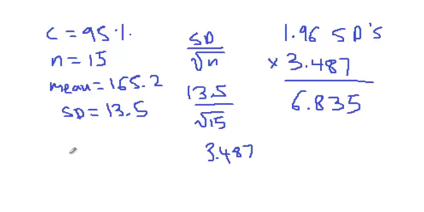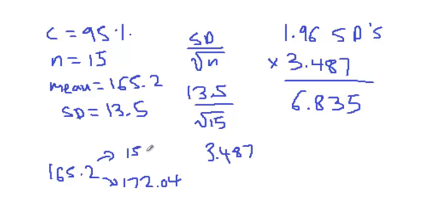So the 95% confidence interval, assuming the mean was 165.2, we'll add 6.83, 6.84, excuse me, and you get 172.04, and then you subtract 6.835, and you get 158.37, or 158.38, excuse me, approximately.